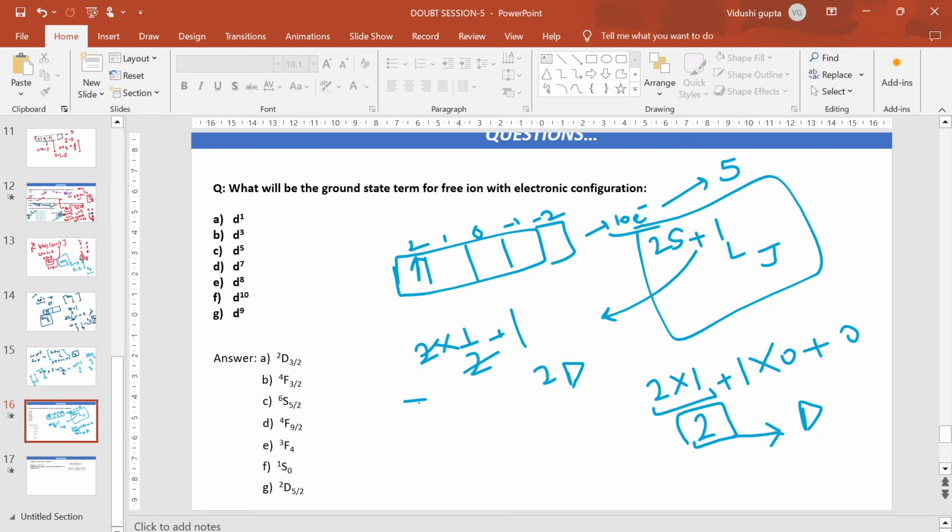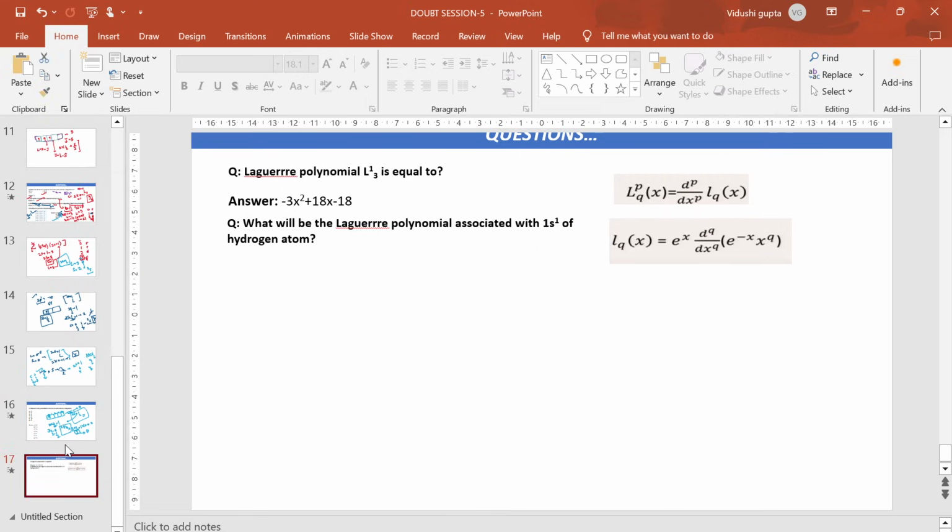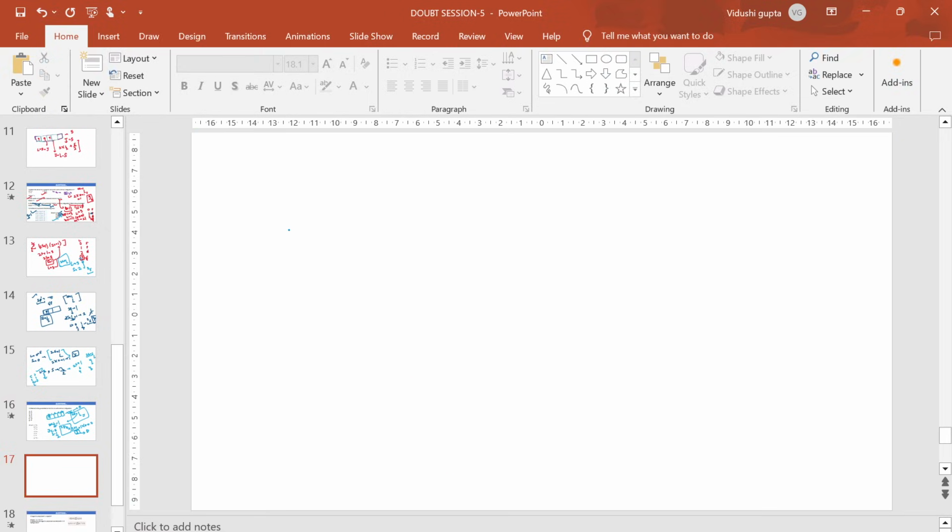So we will use J equals L minus S. L is 2 and S is 1 by 2, so J will be 3 by 2. Now it is clear. Now just solve and tell me for the D3 system.